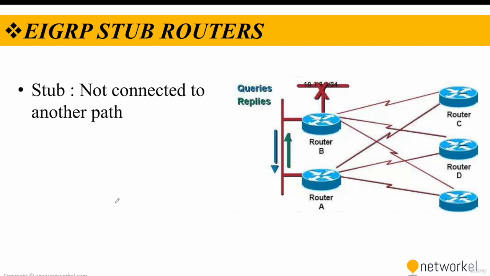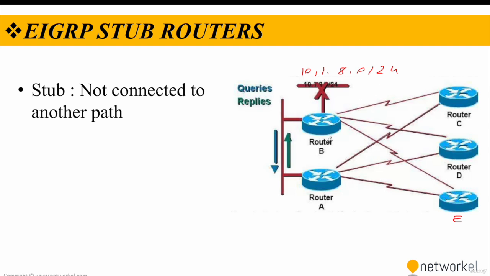Let me try to explain what is going on in reality. In this topology, I have 5 different routers: Router A, B, C, D, and let's call this one router E. Router B has connectivity to one of these segments, which is 10.1.80.0/24.